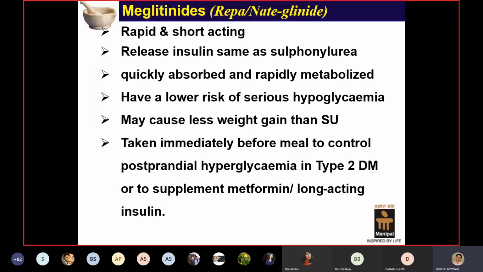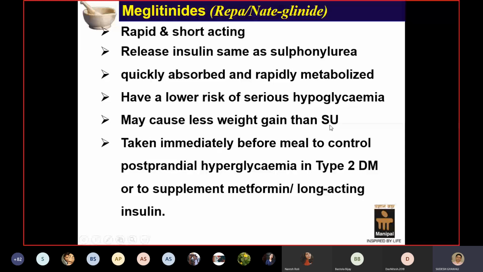If you want a faster and shorter action, then meglitinides could be used. Since they are rapid and short acting, they have a low risk of serious hypoglycemia, and they may cause less weight gain than SU, meaning sulfonylurea.